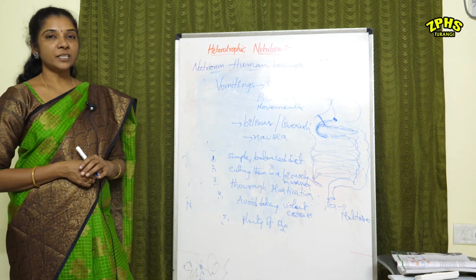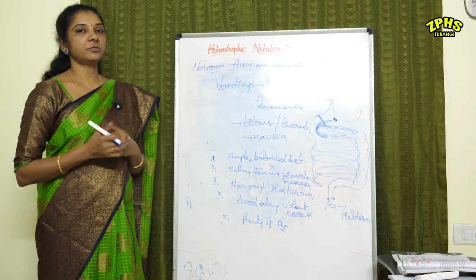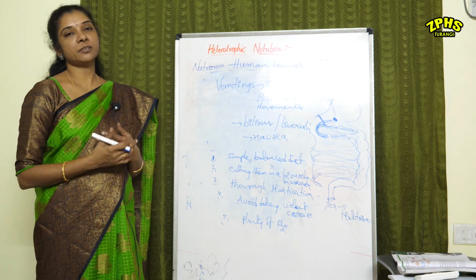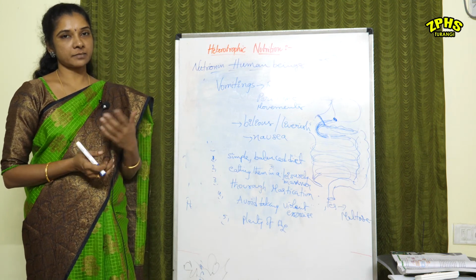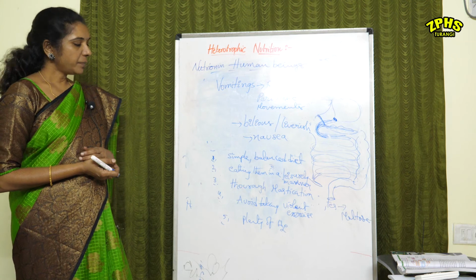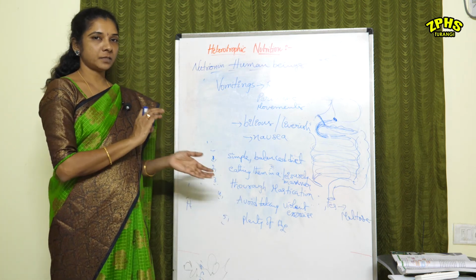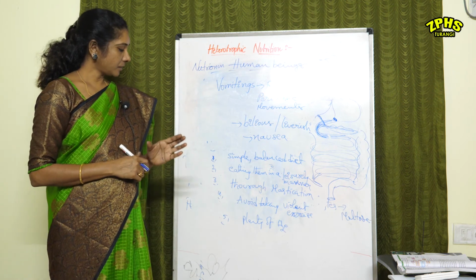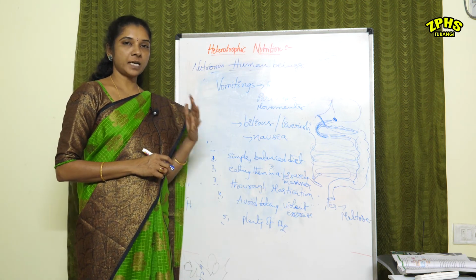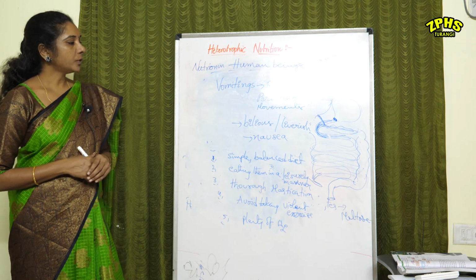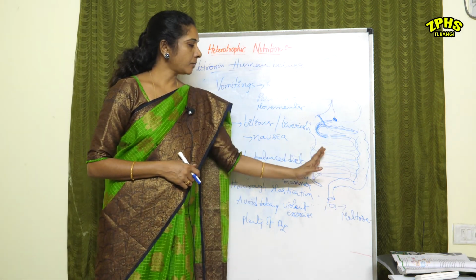And next, plenty of water. We should take plenty of water for the cleanliness of the bowels, that is the intestine. But immediately after taking food, water should not be taken. After some time, giving some pause, we should take the water. That is very helpful for the good health of the intestine or bowels.